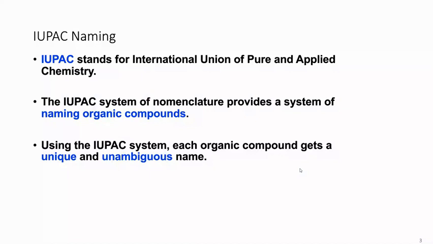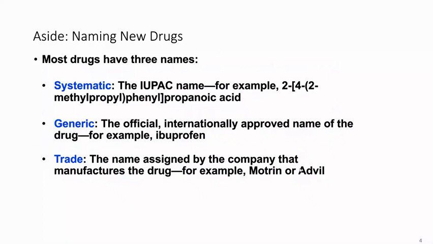Great. You don't need to know this, but I think it's interesting. Most drugs have at least two different names. They have a systematic name, which is what we're learning, the IUPAC name based on the structure. So this is where this group is, this is where this group is, this is the backbone.